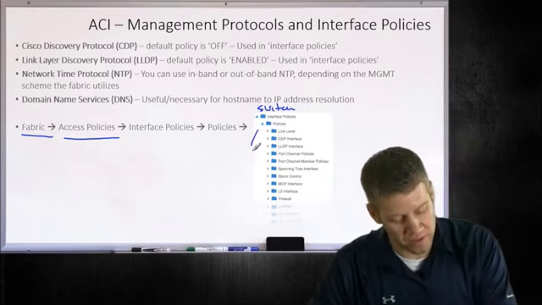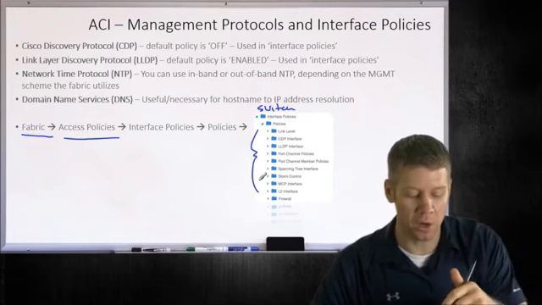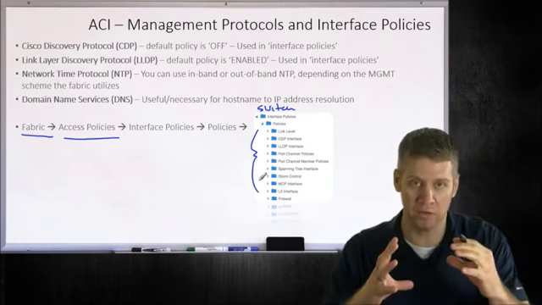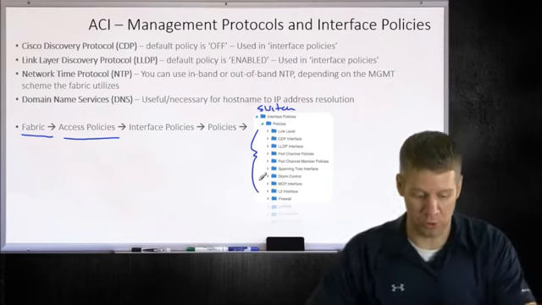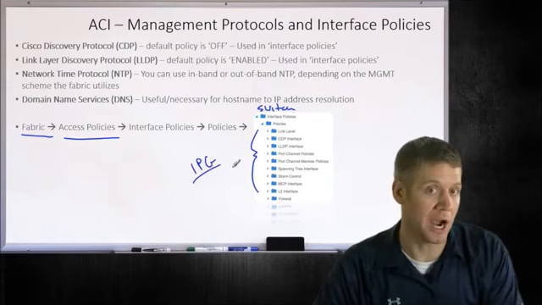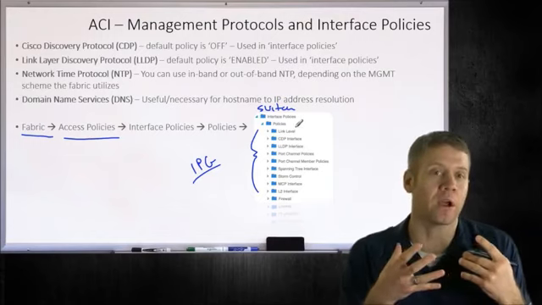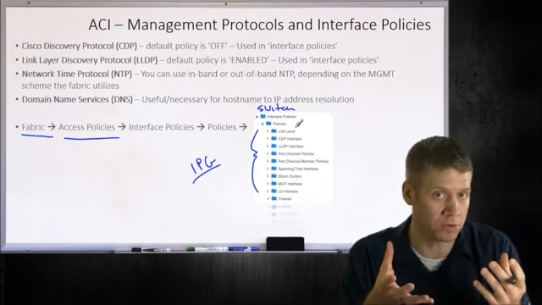These components, which ACI refers to as policies, are what will comprise a later topic called interface policy groups, or as I call them for short, IPGs. These are the characteristics of our individual ports, okay?